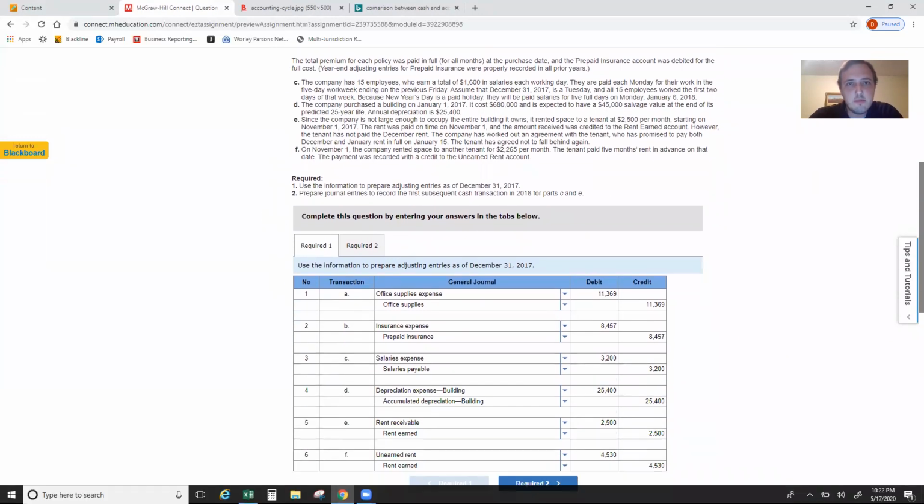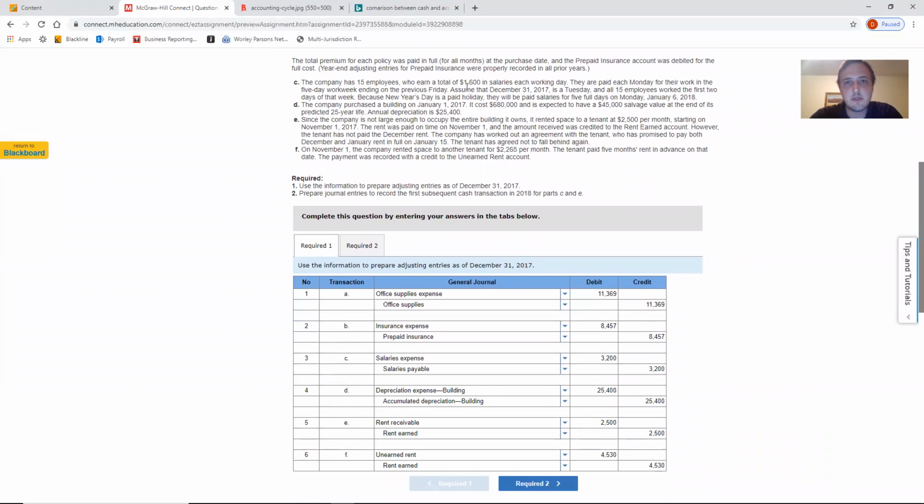All right. The company has 15 employees who earn a total of $1,600 each working day. They are paid each Monday for their work on the previous Friday. So we're here on a Tuesday. So that means they were already paid for last week, but we need to recognize the Monday and Tuesday worth of work.